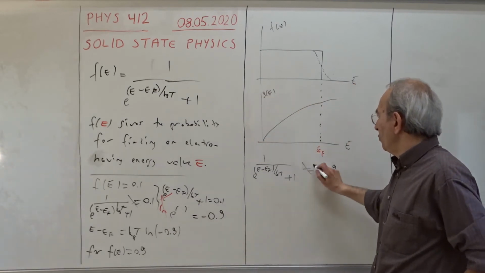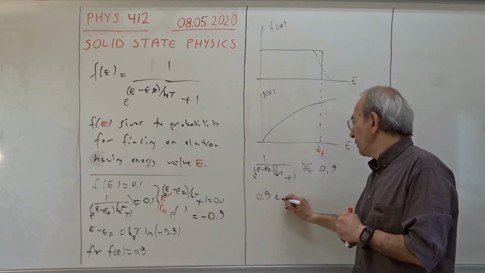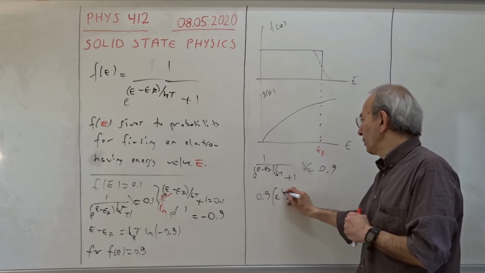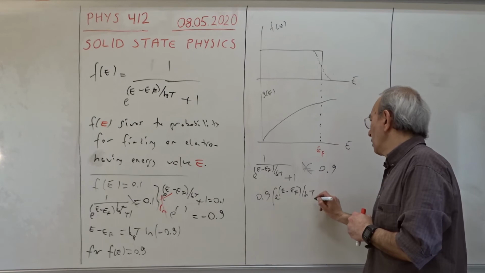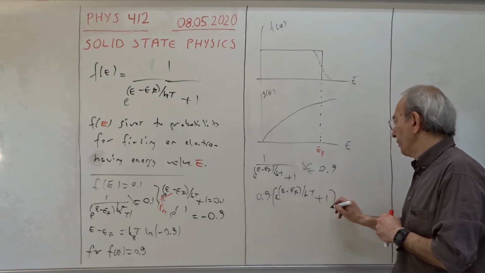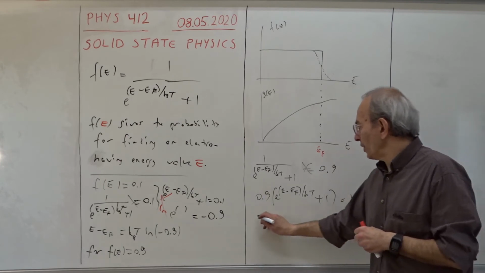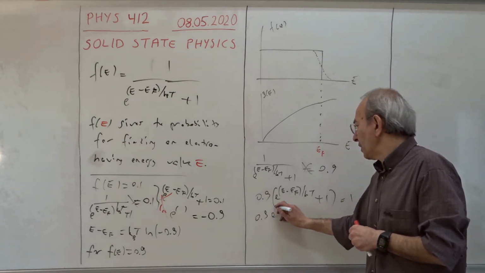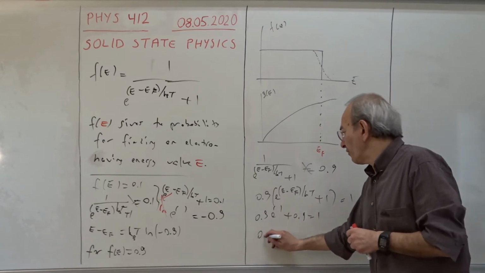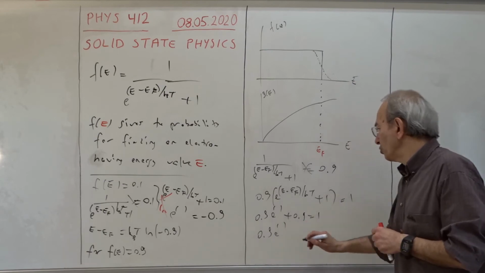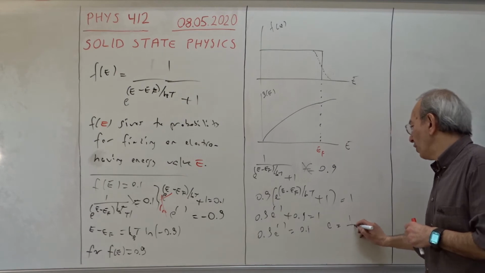So if you make this simple operation, we have 0.9 times e to the energies plus 1 equal to 1. So we have 0.9 times exponential plus 0.9 is equal to 1. So 0.9 times the exponential is 0.1, so that the exponential part is 1 over 9.